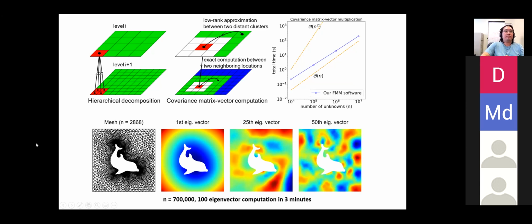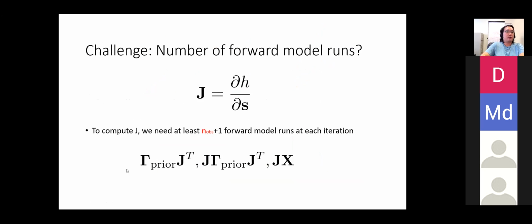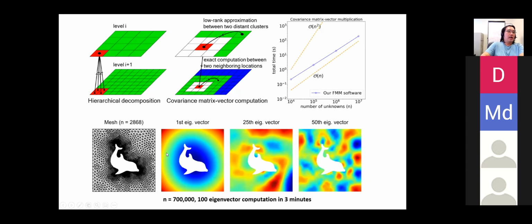In this example, let's say this is a domain with an unstructured grid, and this is the boundary, and this is just an example mesh with the number of elements around 3,000. But I do the final meshing and make it around 700,000.